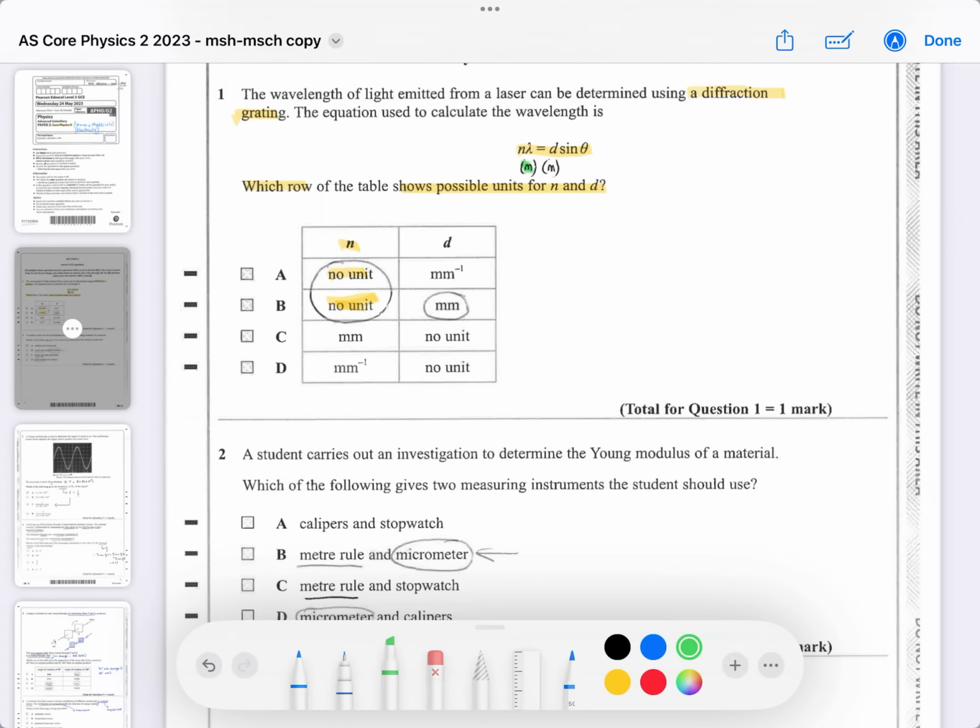So it has no units either. And d, therefore, must have the same units as the left-hand side. So d must also be in meters or a length unit. So the only one with a length unit is millimeters. So the answer is B. Okay? That's the first question.